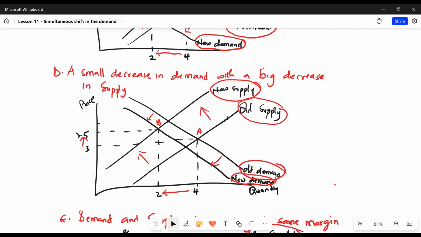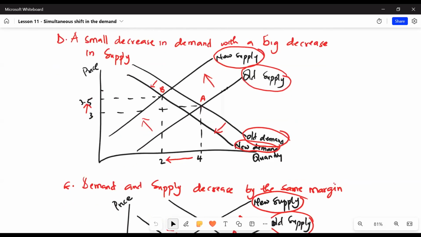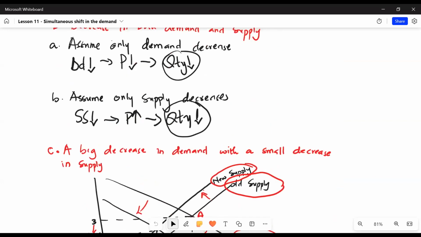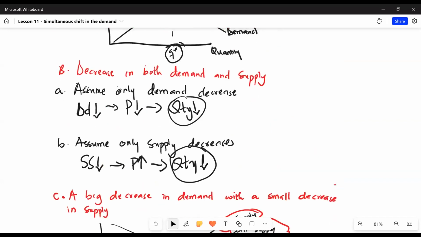But if the supply curve shifts more than the demand curve, then quantity will reduce but prices will increase. But if both curves shift by a similar margin, then quantity will reduce but prices will remain the same.